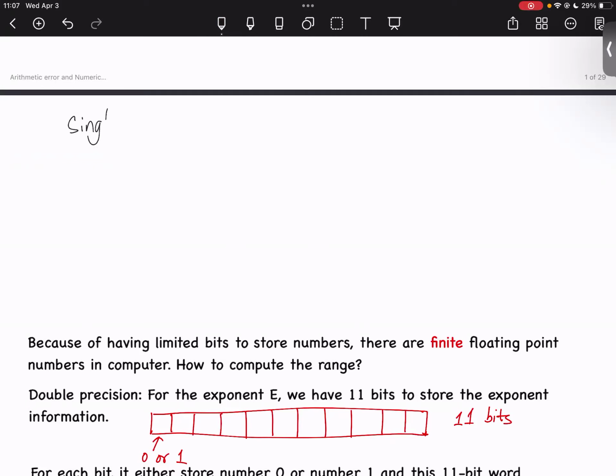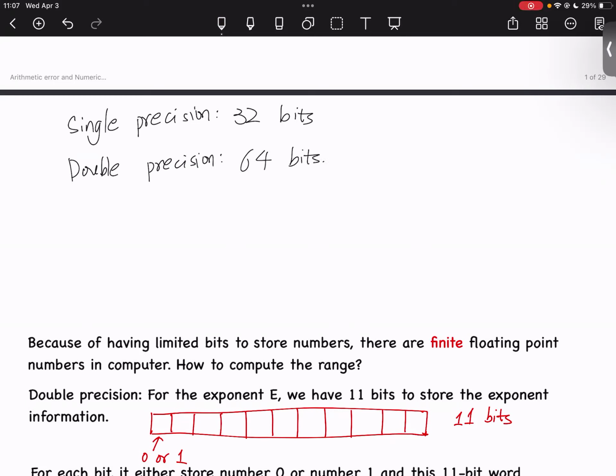For single precision, we have 32 bits in the computer. If you have double precision, how many bits do we have? We have 64 bits in the computer.